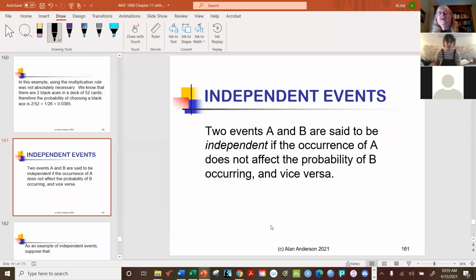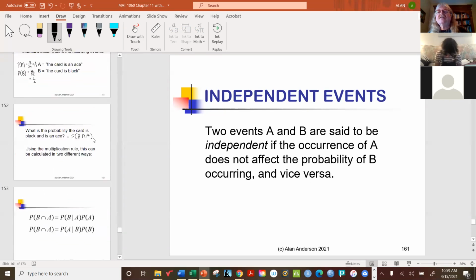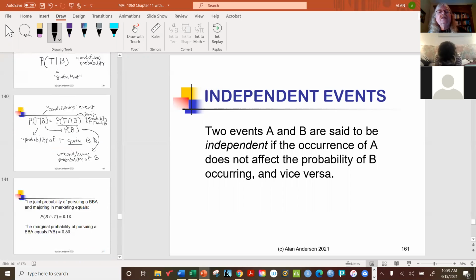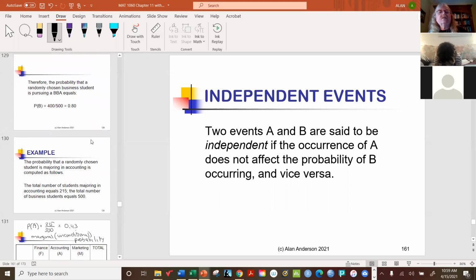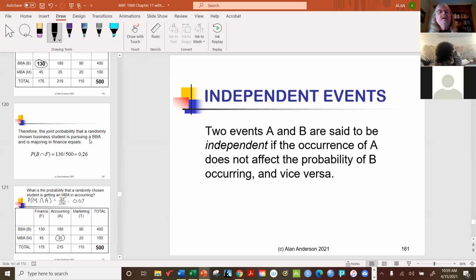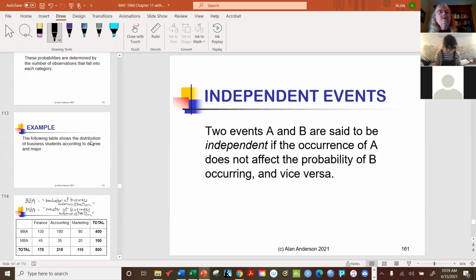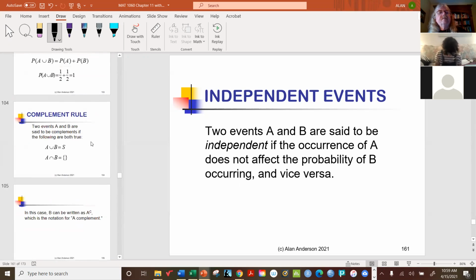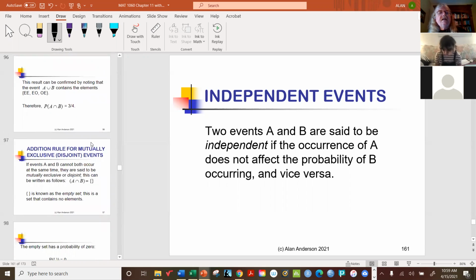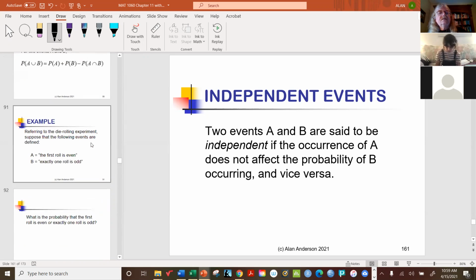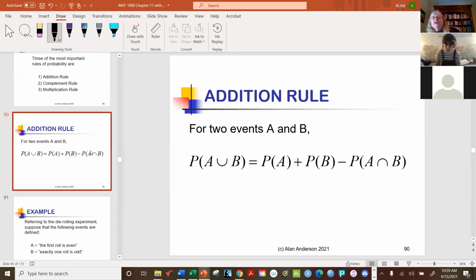Now, you might recall that with the addition rule, we had the full version of the rule, and we had a special case. Let's just quickly remind ourselves what that was all about. With the addition rule, we're looking at the probability of a union. And let's see, where is that? Here it is. So this is our addition rule, which you recall.